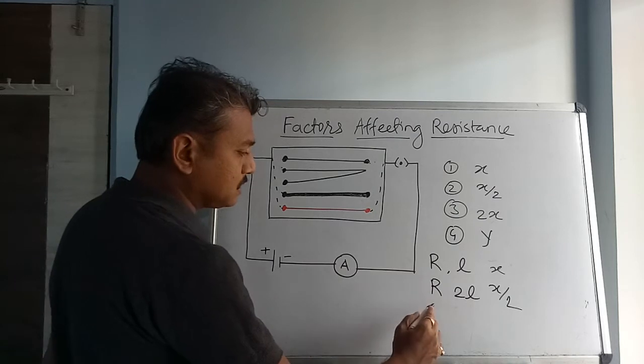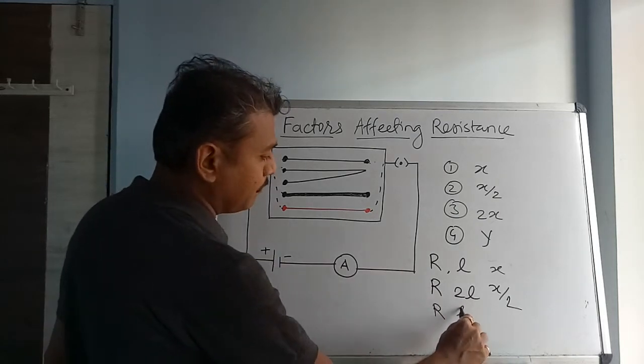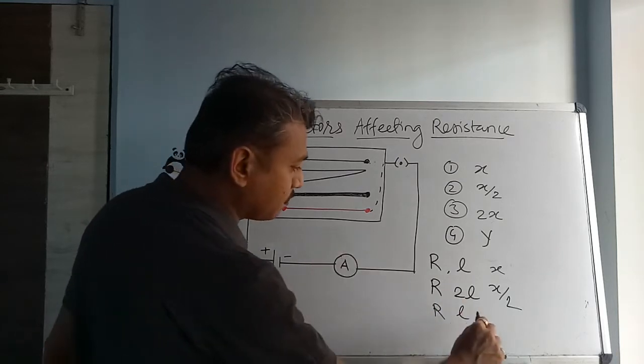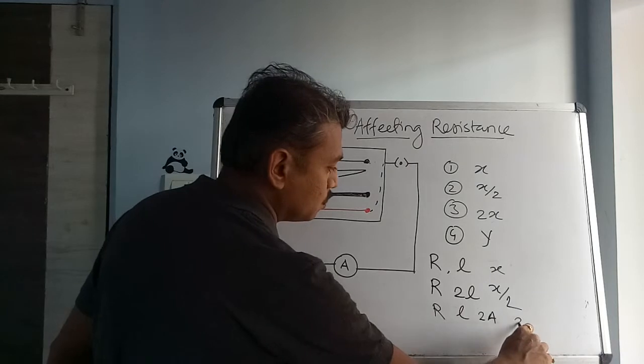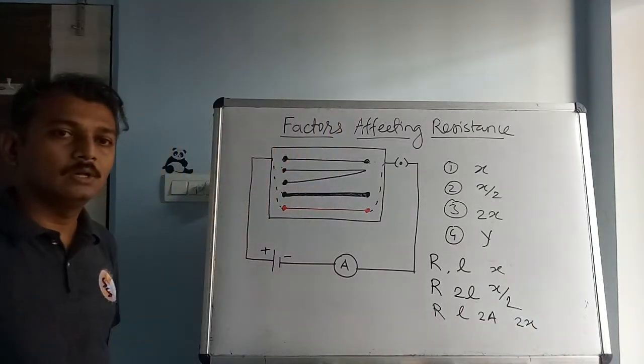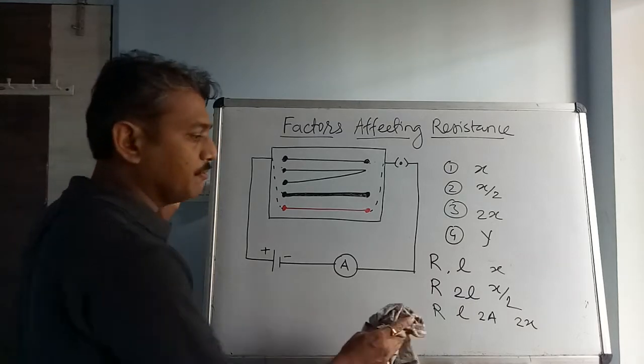And in the third case, this resistance R has the same length, but the area of cross section is twice, so we got 2X current. So let us conclude these observations in the form of an equation.